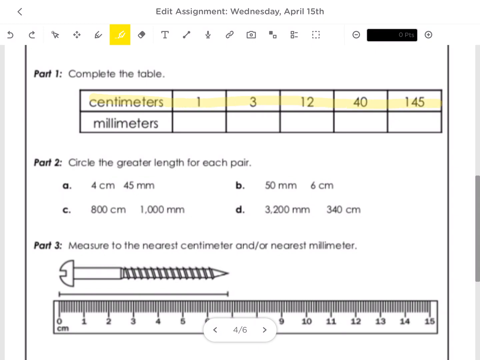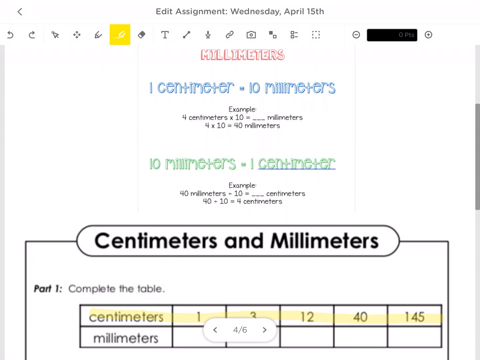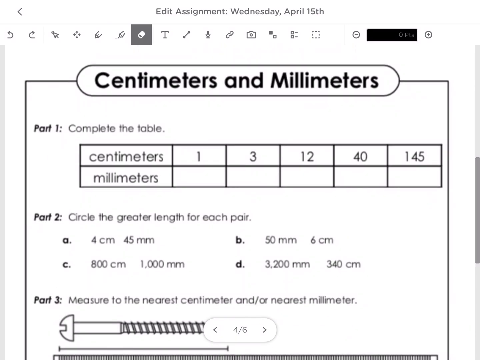So you're going to be taking those amounts times 10, since you're going from centimeters to millimeters, to get your millimeters to fill in for this chart. If I look at that first one, I'm going to take it times 10. So 1 times 10 gives me 10. So 1 centimeter is the same thing as 10 millimeters. You're going to do the same all the way across.